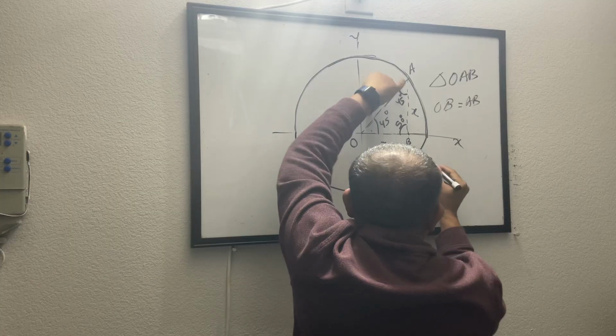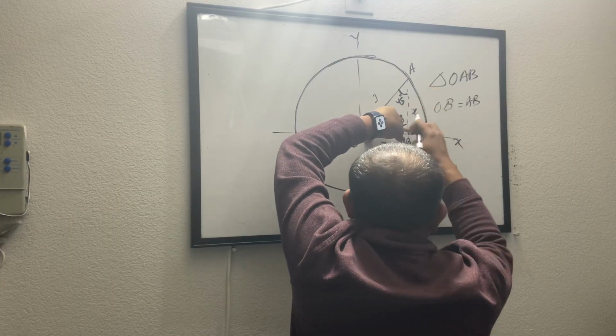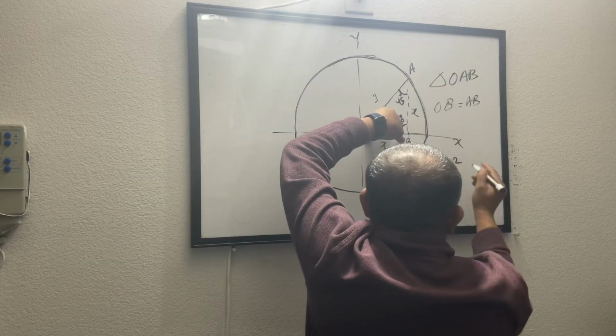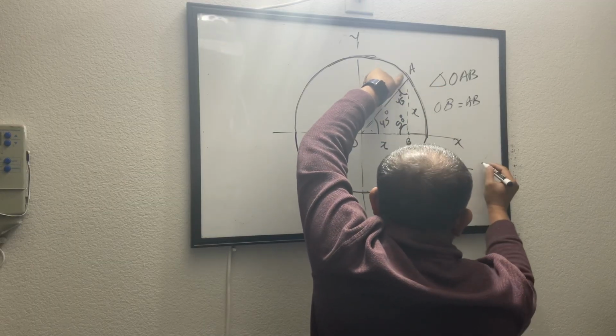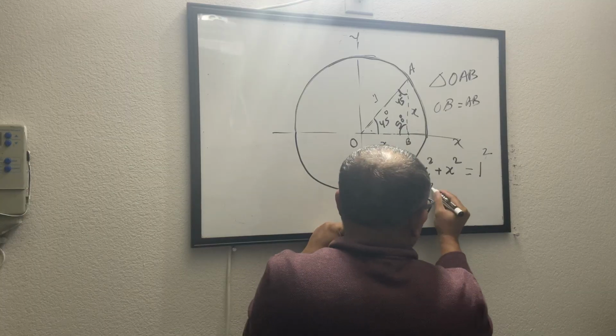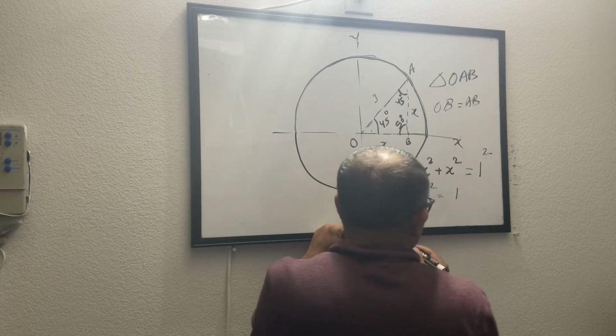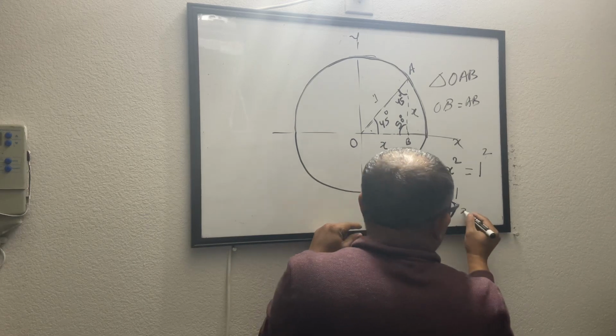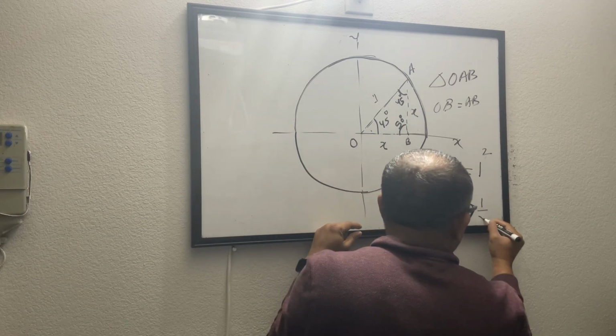These two sides make 90 degrees. So x square plus x square equals hypotenuse square, which is 1 square. So 2x square equals 1. That means x square equals 1 by 2, or x equals 1 by root 2.